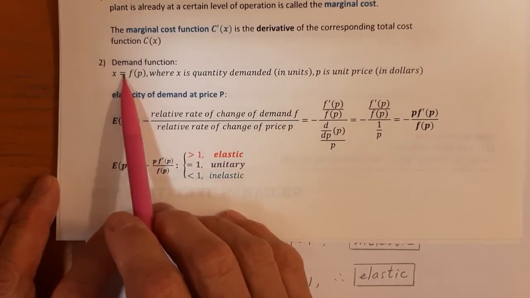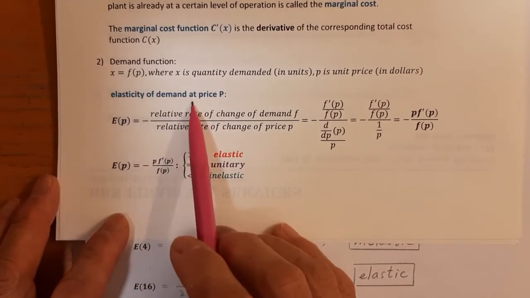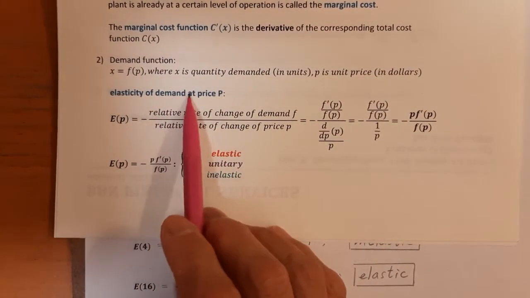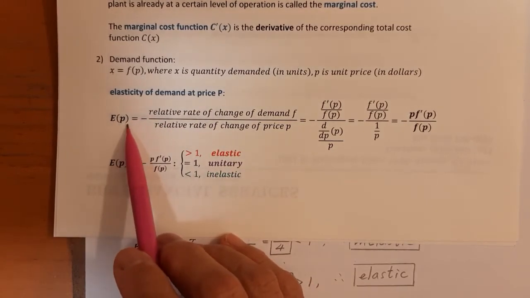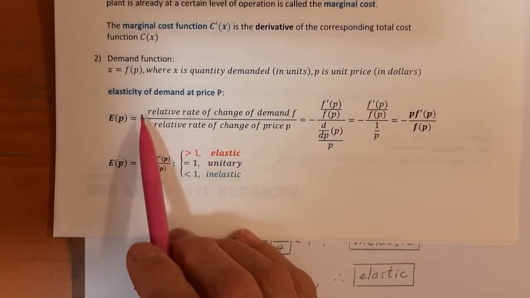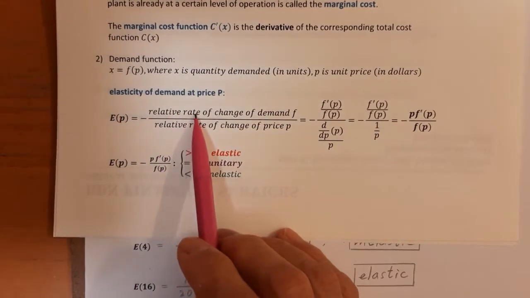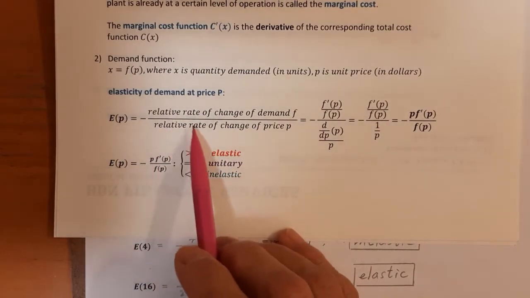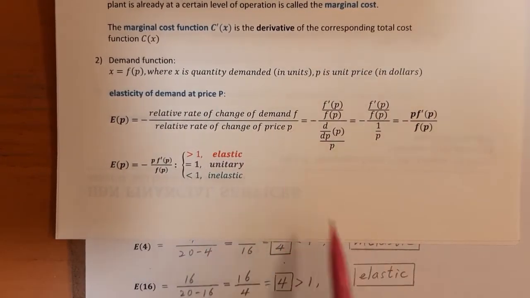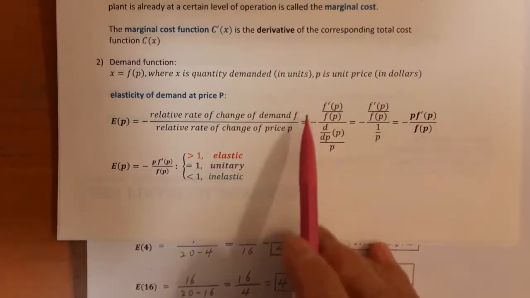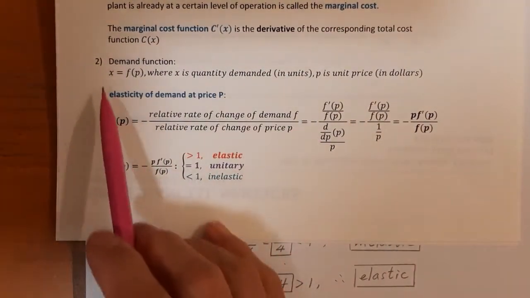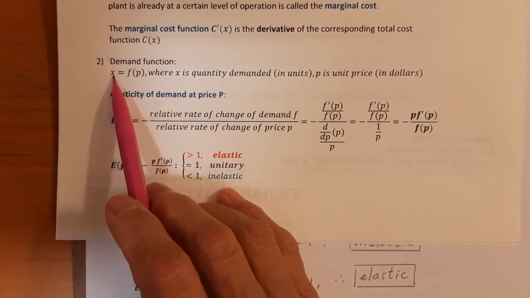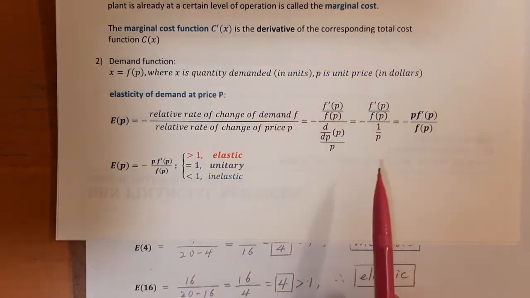Demand is X in terms of our price P. At price P, we call E of P the elasticity of demand at price P. We define it as the negative of the relative rate of change of demand f over the relative rate of change of the price P. P is the price, f is the demand function. f is f in terms of price, equal to X, where X is how many units of demand.